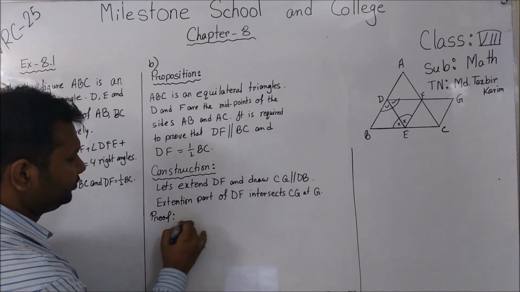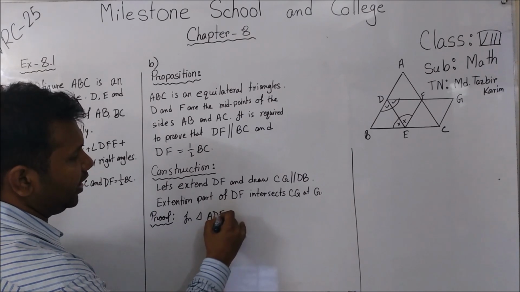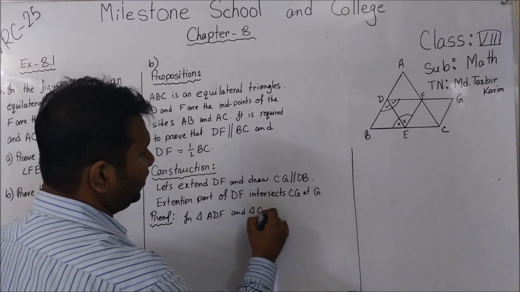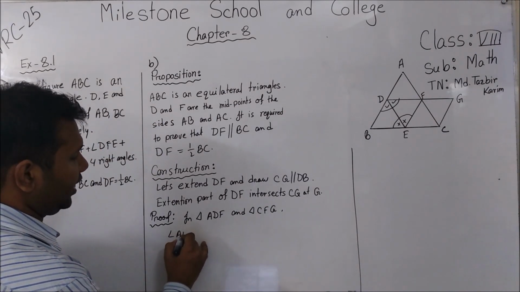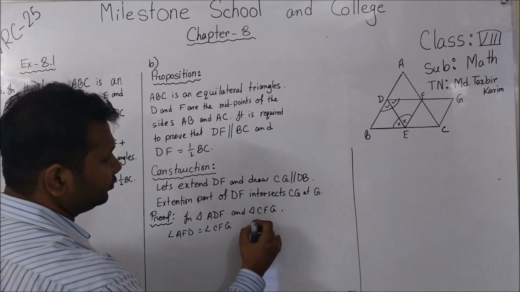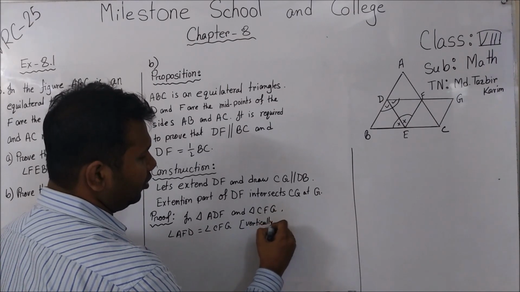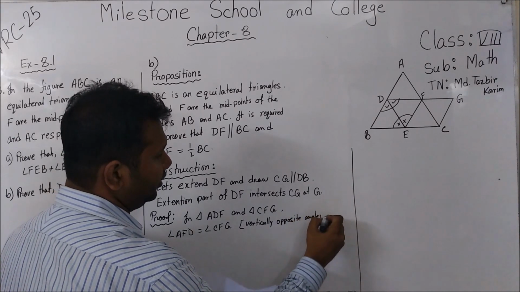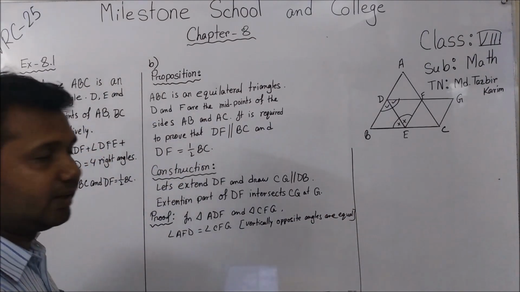So in triangle ADF and triangle CFG, you can write angle AFD equal to angle CFG, vertically opposite angles are equal. We know that vertically opposite angles are equal.